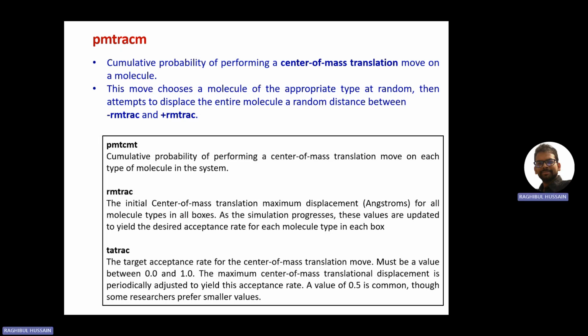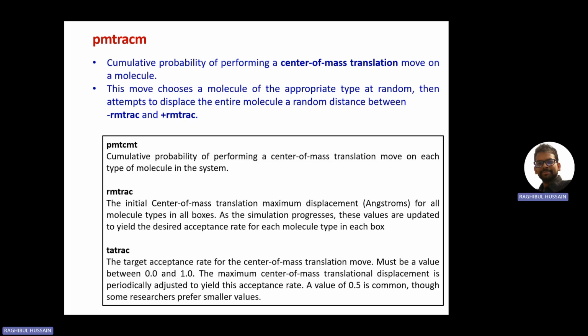It means in a particular move, how much distance the center of mass of the molecule can move. If you do not know what the optimum is, you put some number. Why? Because the last option is the target acceptance rate. The number is between 0 and 1, but typically we put in the range of 0.3 to 0.5.